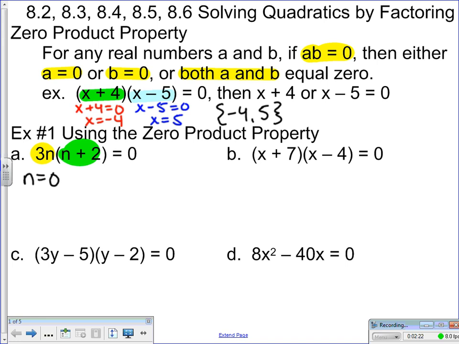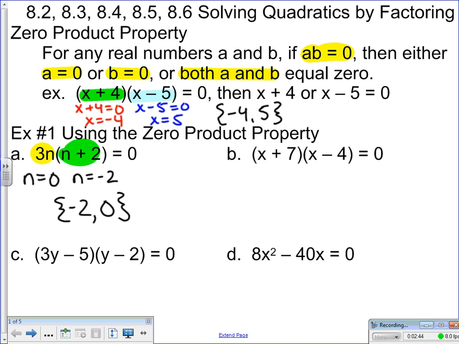So for that one, since there's no plus or minus, n has to be 0. Now for the second parenthesis, n plus 2, the opposite of plus 2 is negative 2. So n would have to equal negative 2 for the second part. So your two answers are negative 2 and 0.